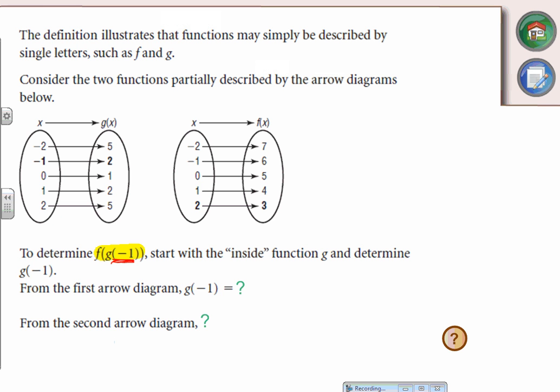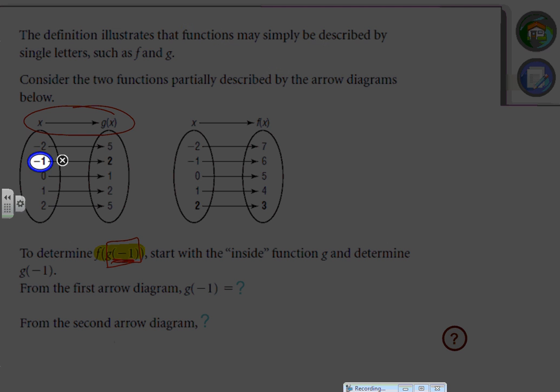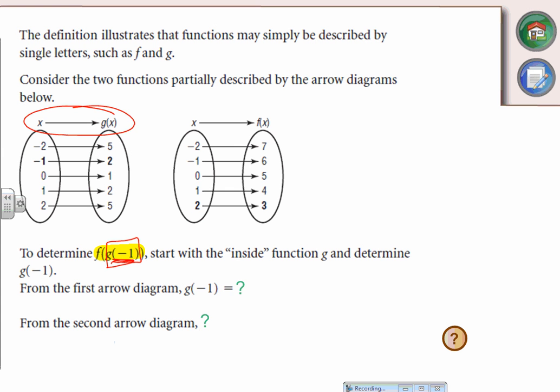First, pay attention to g at negative 1. Let's go to the first diagram, which is talking about g. We find x of negative 1, go across, and that gives us 2. So g at negative 1 is 2.